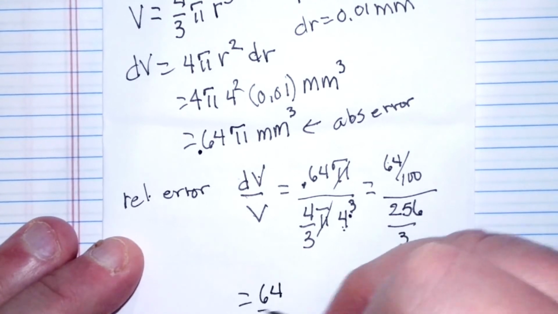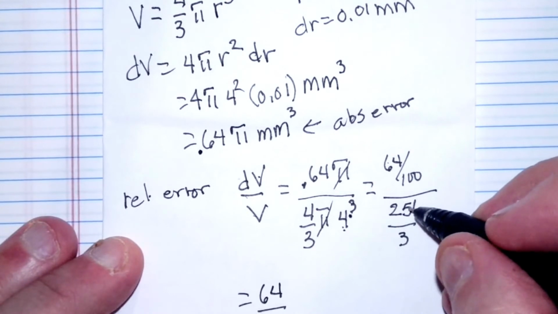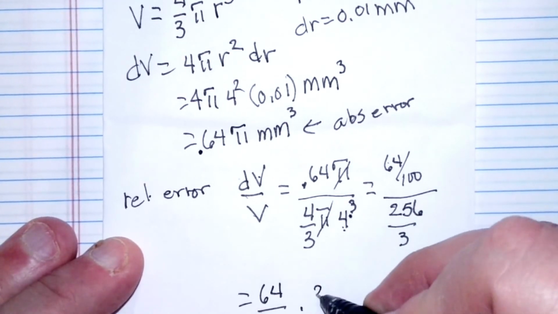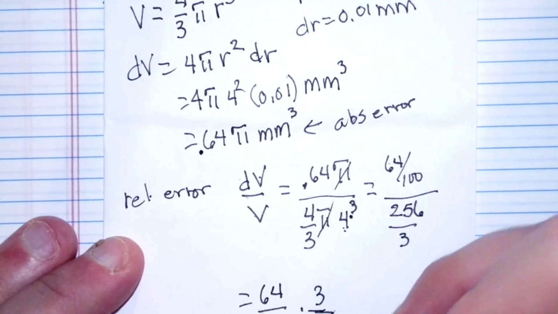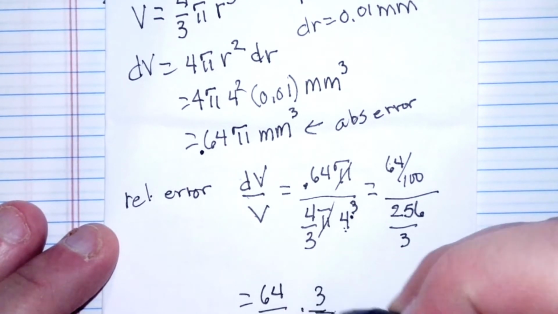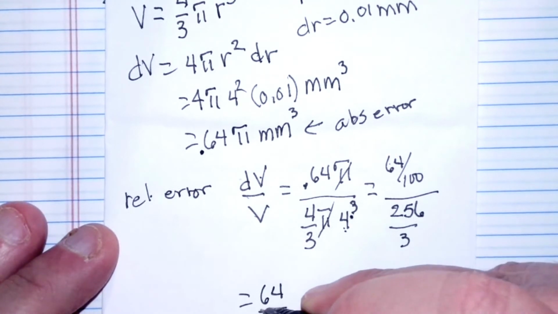So it's 64 over 100, and then instead of dividing by 256 over 3, I'm going to multiply by the reciprocal, 3 over 256. And let's see, 64 goes into 256 4 times.